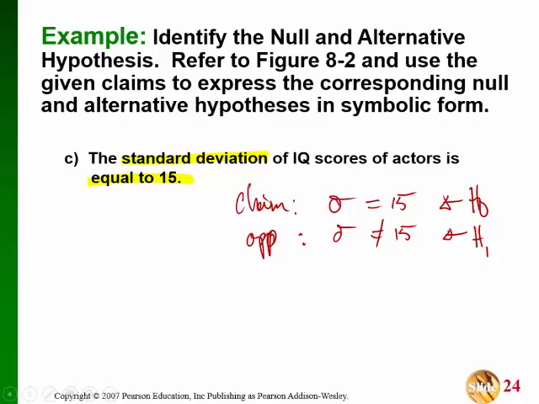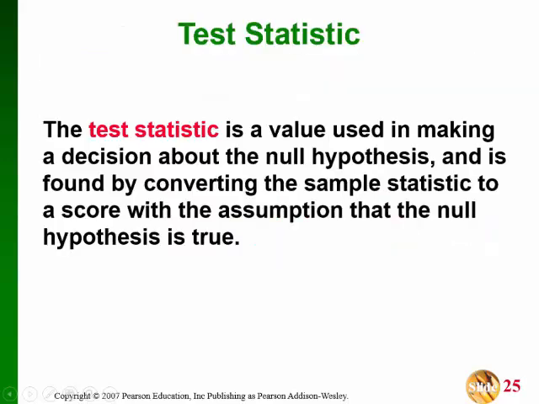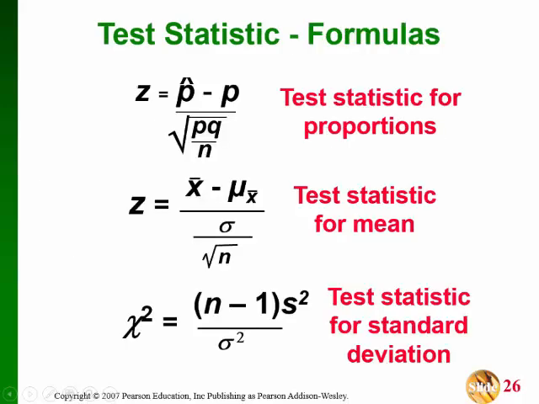All right. So we talked about the test statistic. We used the first one already, and here are the other two. They may be important, but I'm going to skip over this.